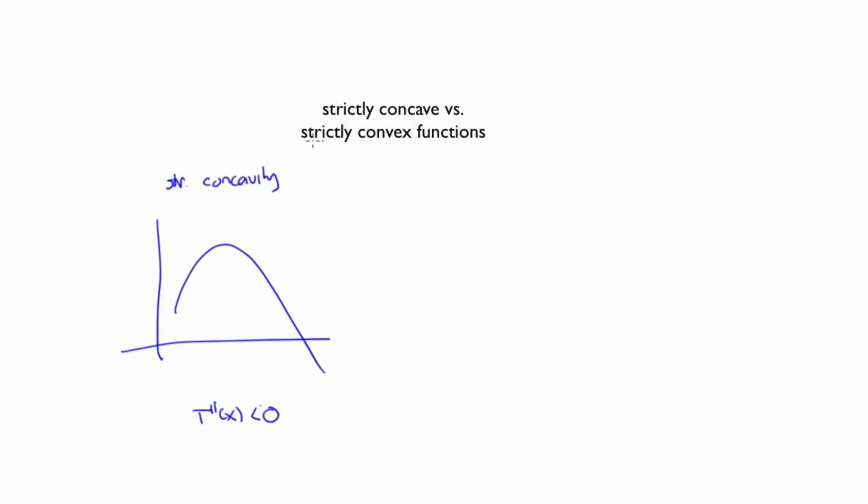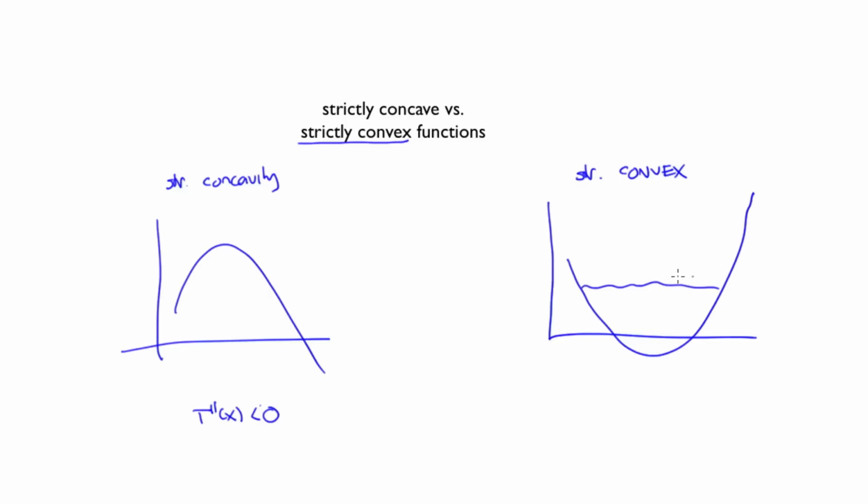You can think of strict convexity as basically the flip form. A strictly convex function will be one that looks not like an inverted bowl, but like a bowl that can hold water, and in which the second derivative is greater than 0 at all x. It's just the flip side. I hope that the intuition is clear.